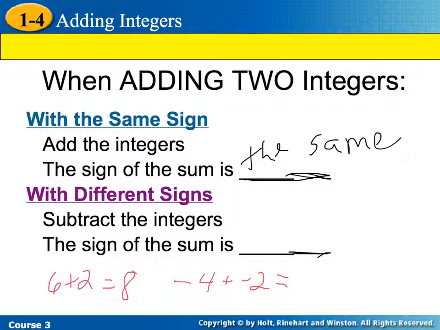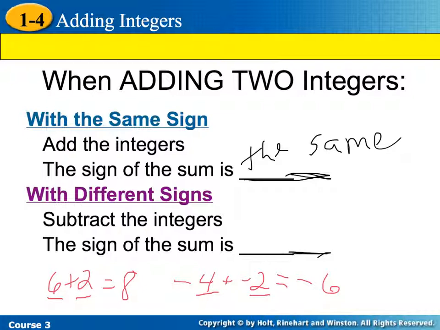Because I am finding the same sign here, my answer is also going to be negative. We'll talk about how you get that negative in just a second. But again, sign of the sum is the same. I added 6 and 2, add the 2 digits, and then add my sign in. For -4 plus a -2, I add 4 and 2, keep the sign of negative.